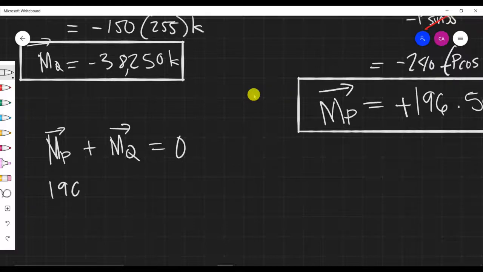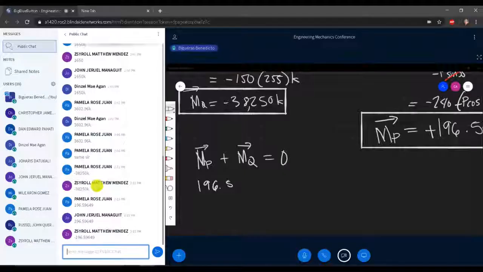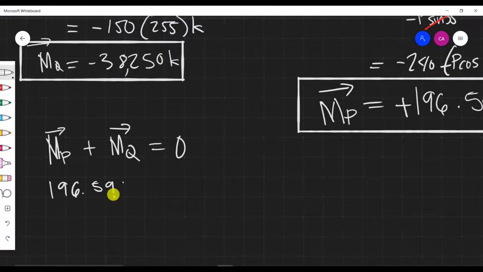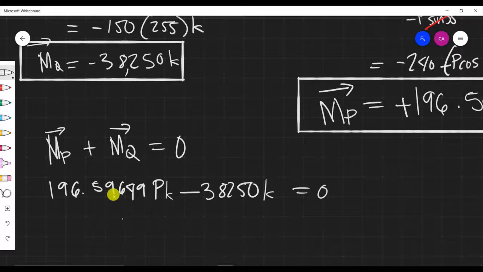So, 196.5964 P minus 38,250, may K yan, may K din dito, equals to 0. So, what is the value of P?